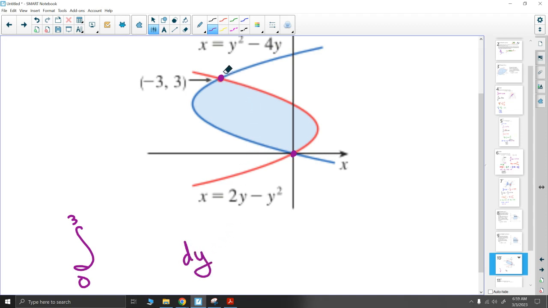Our upper function, in terms of y, is to the right, and our lower function is to the left. So we have our upper function, 2y minus y squared, minus our lower function, y squared minus 4y.